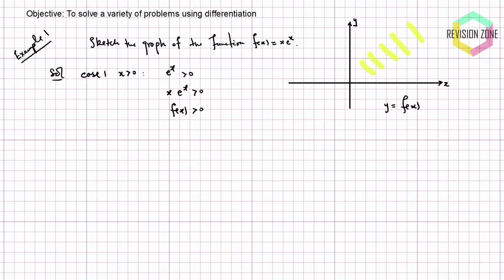Now, likewise, let's consider case 2. We can actually have x being negative, right? So what happens when x is negative? Well, in this case, e to the x is still going to be positive because e to the x is always positive. We know that. But of course, x is negative. So when I multiply these two, I'm going to get something which is going to be negative. So x e to the x is going to be negative.